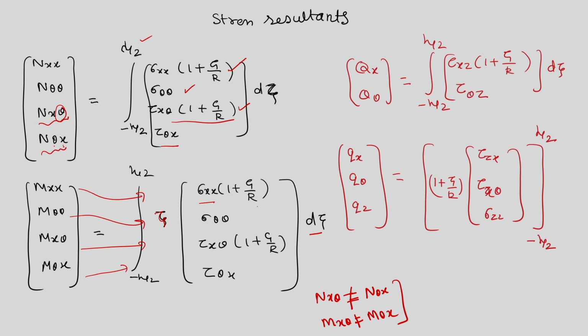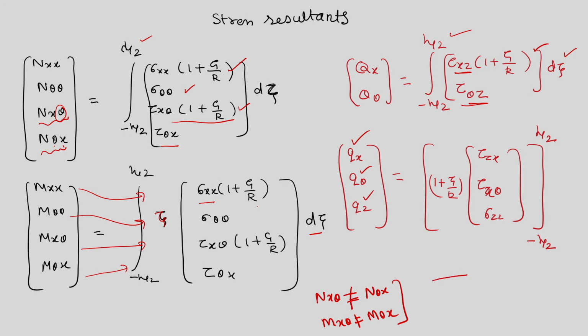Now, can we define the shear resultants Qx and Q theta? Qx will be tau xz times 1 plus zeta by R, and Q theta will simply be tau theta z, integrating over minus h by 2 to plus h by 2 d zeta. And the loading at the top and bottom is equal to the traction.